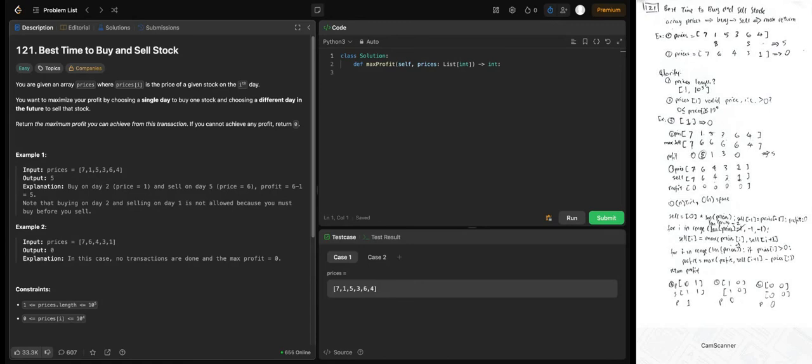Okay, so one case that we could come up with is there is only one price, say 1. The second assumption that I would like to make is that prices[i] is a valid price, i.e. the price has to be larger than 0. And here we are given that prices could range from 0 to 10 to the power of 4.